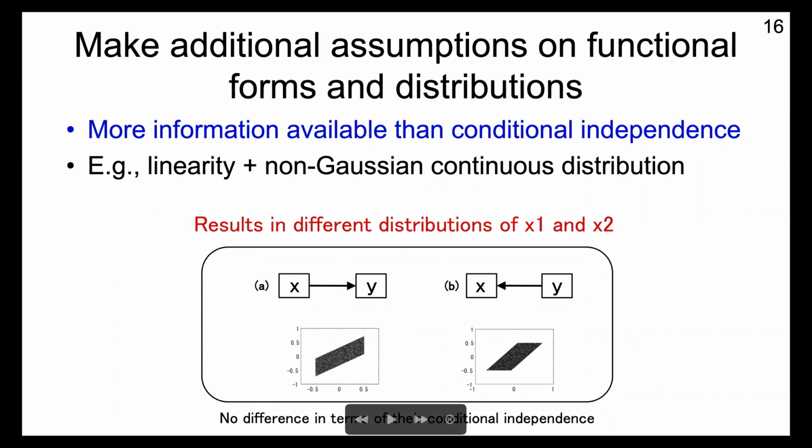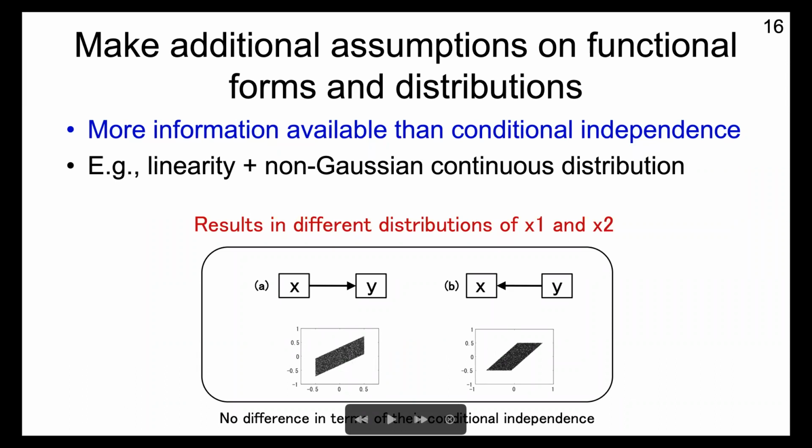There are two variables, x and y, and their causal directions are opposite. In this case, x and y are dependent in both of the cases, so the two causal graphs are indistinguishable in terms of conditional independence. However, for example, if we make the assumptions of linearity and non-Gaussian continuous distributions, we can show that these two models have different distributions.